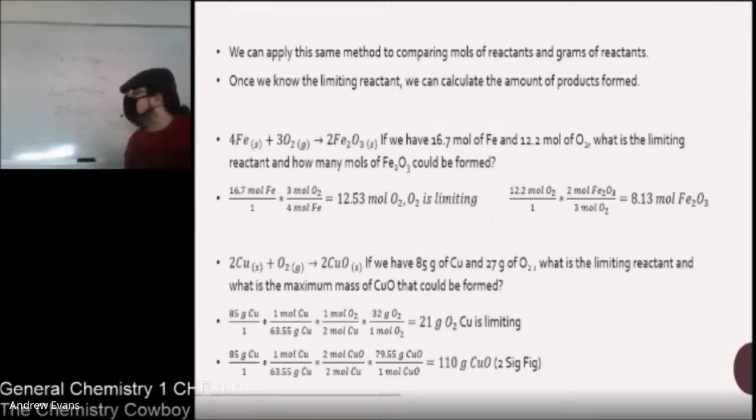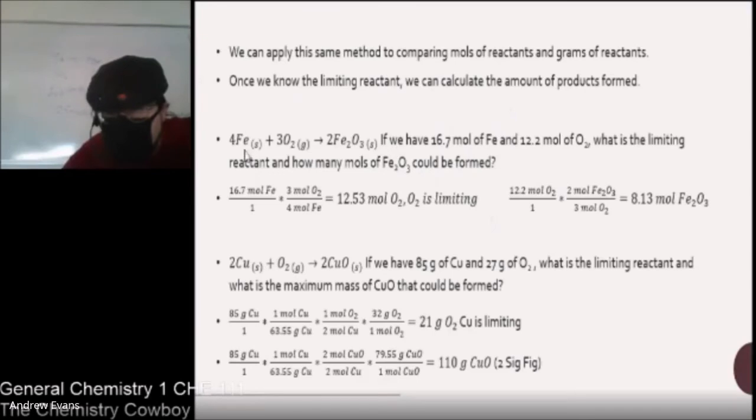So I'm going to convert, in this case, moles. I'm going to keep it easy for this problem. Moles, 16.7. We use the balanced chemical reaction. Divide by 4, multiply by 3. You would see that I need 12.53 moles of oxygen to fully consume the iron.